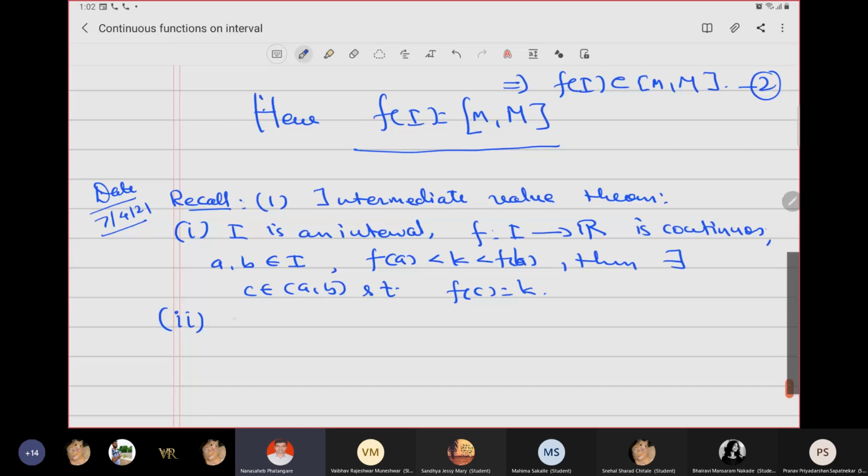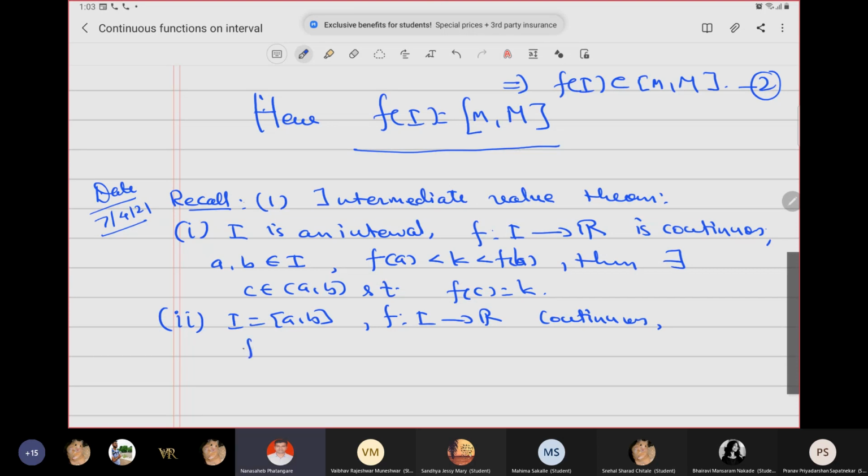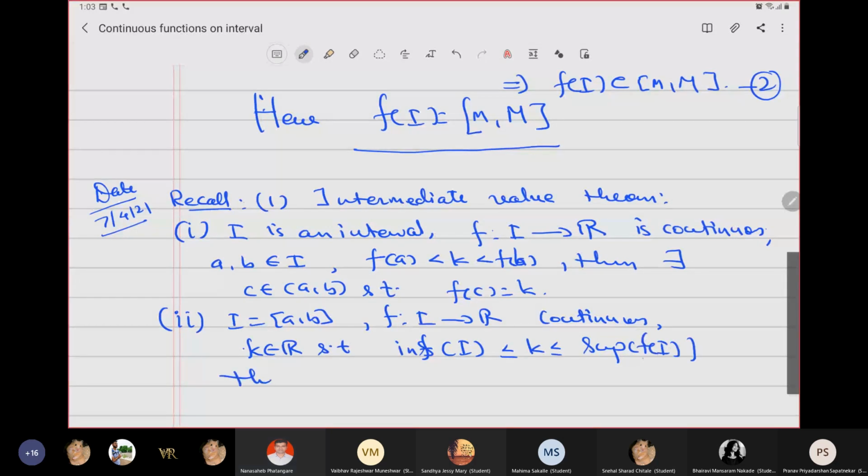Also we saw that if I is a closed and bounded interval, f is continuous, and k is a real number such that k lies in between the infimum of f(I) and the supremum of the range, then there exists c belonging to I such that f(c) is equal to k.